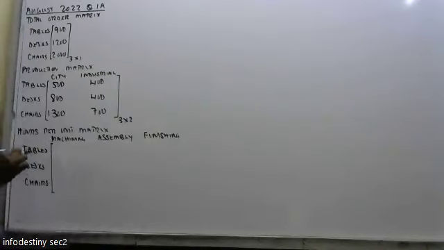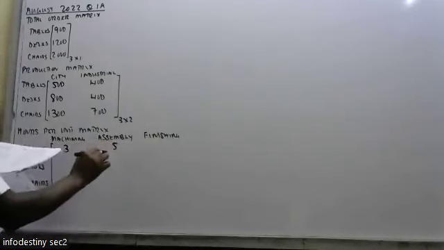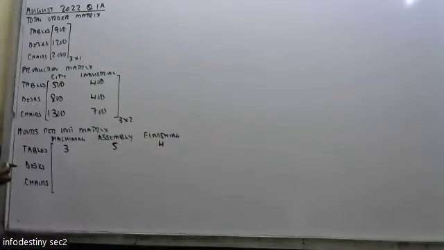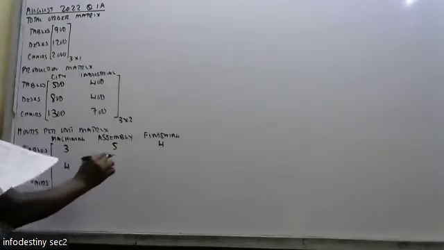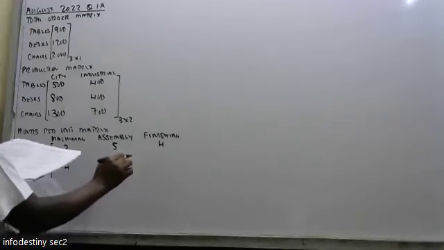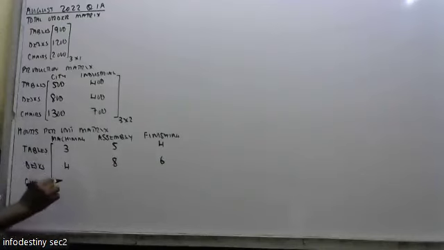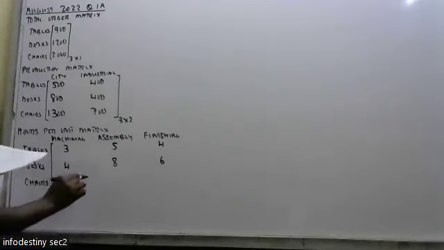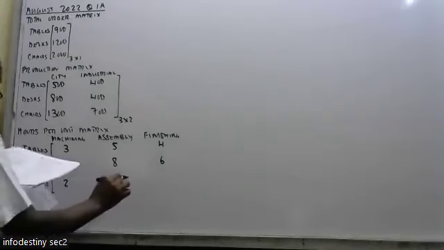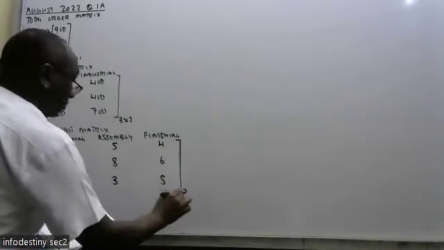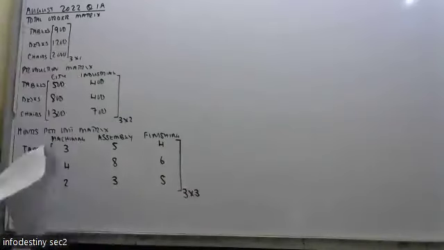A table requires 3 hours in machining, 5 hours in assembly, and 4 hours in finishing. A desk requires 4 in machining, 8 in assembly, and 6 in finishing. Then a chair requires 2 in machining, 3 in assembly, and 5 in finishing. Now this is a 3 by 3 matrix.